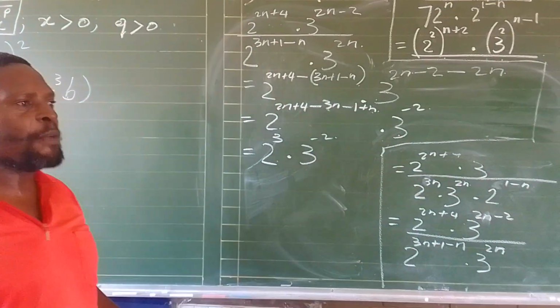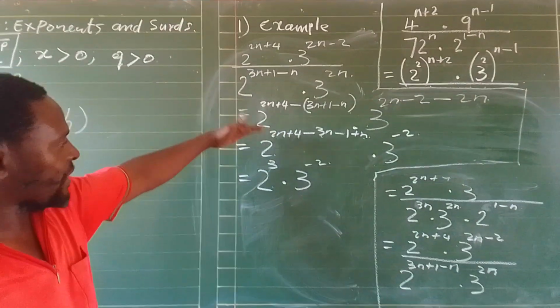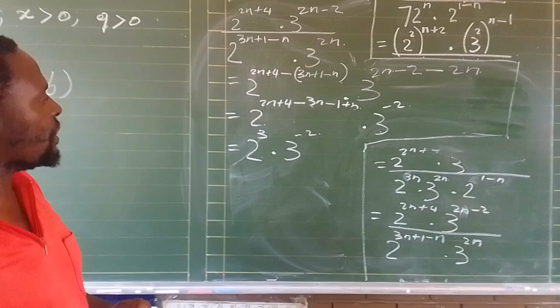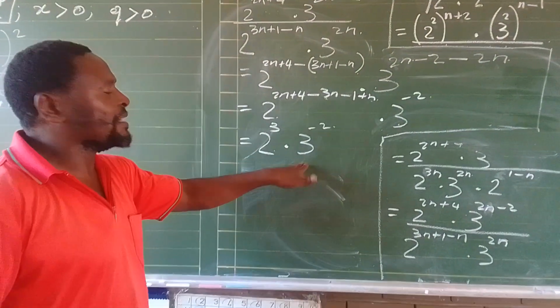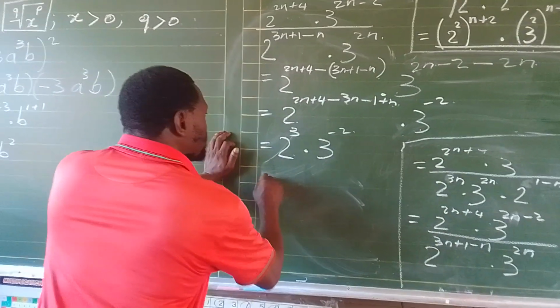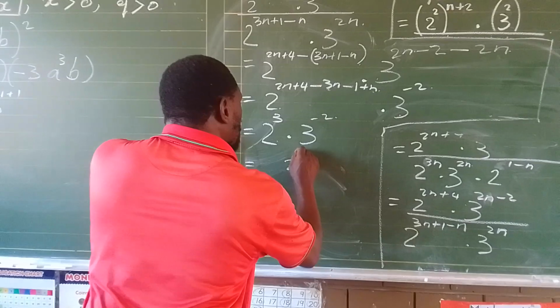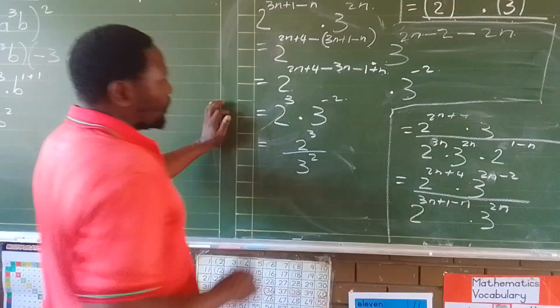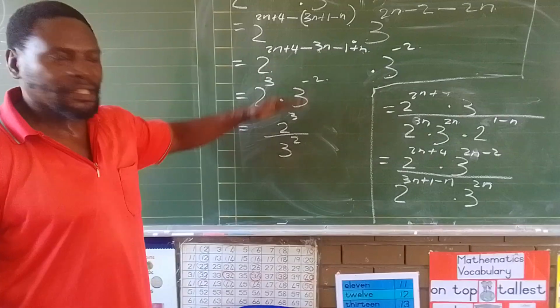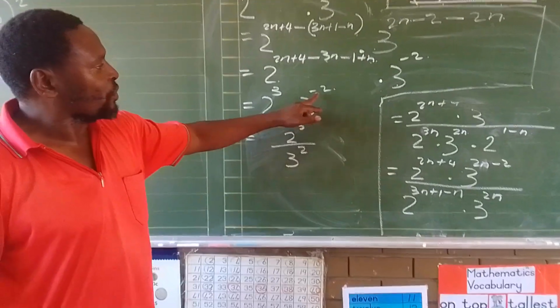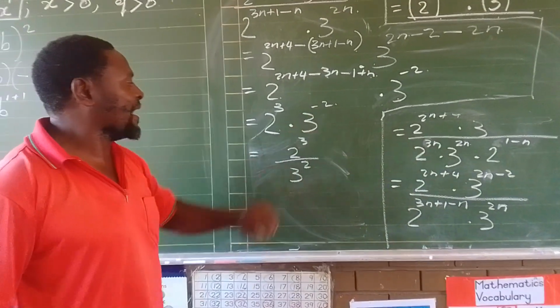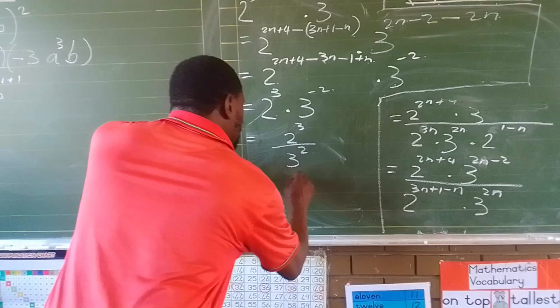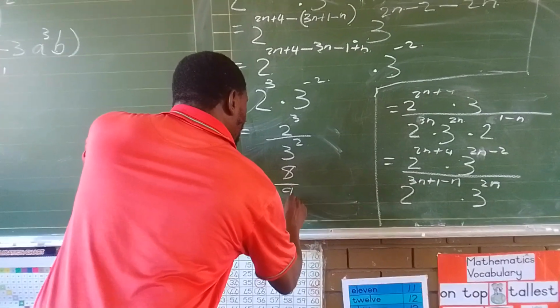You can grab a piece of paper and work it alongside, and then you check if you're going to get 2 to the power 3 and 3 to the power minus 2. Now this is the same as 2 to the power 3 over 3 to the power 2. You see, I have taken this to the denominator. We change the sign. This is the same as 8 over 9.